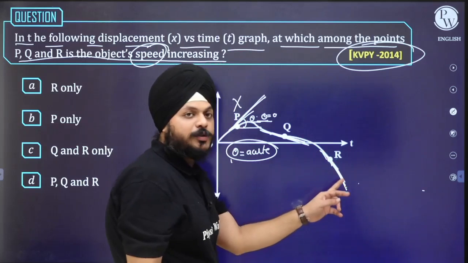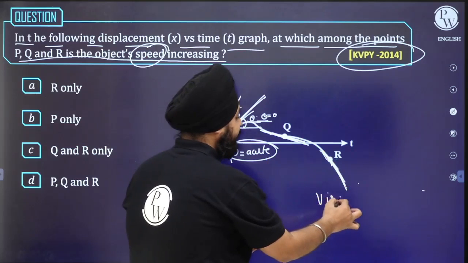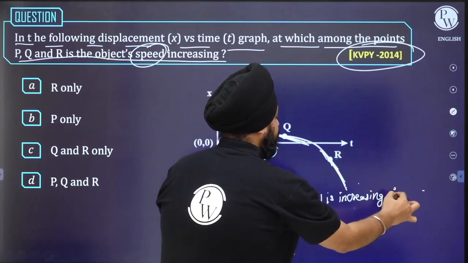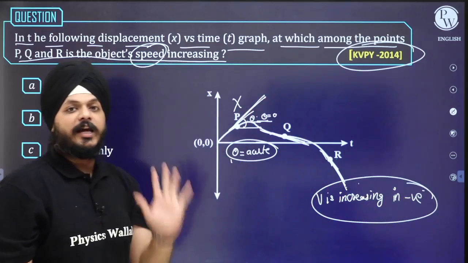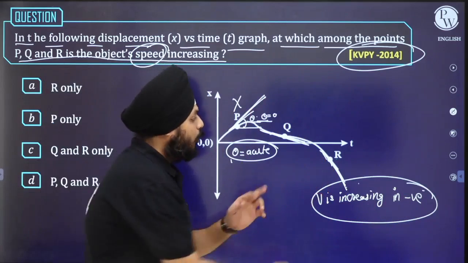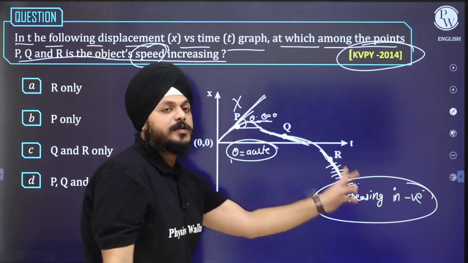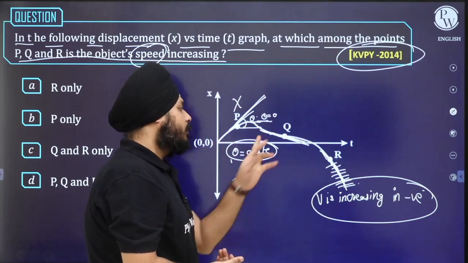If we are moving forward to R, then velocity is increasing in the negative direction. If we follow R, the slope is continuously increasing as compared to Q.